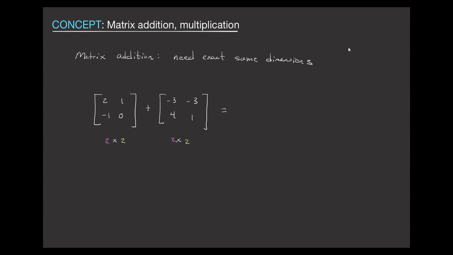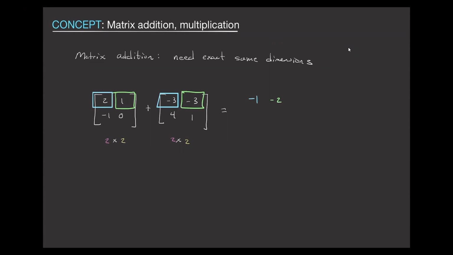And how you add them is simply, you're going to take and add them component wise. So you take this component here and you add it to this component. That would give you, of course, -1. Then you would take, always component wise, this component, add it to this component, and that gives you -2.